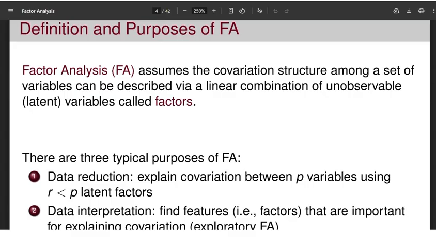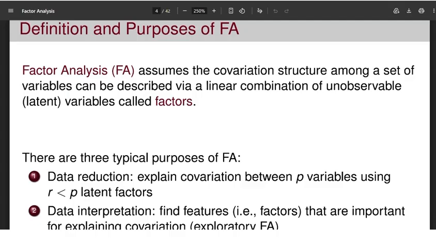The idea behind factor analysis is we actually want to uncover some latent factors that are hidden. And those factors, we believe, are responsible for the correlations of the variables.